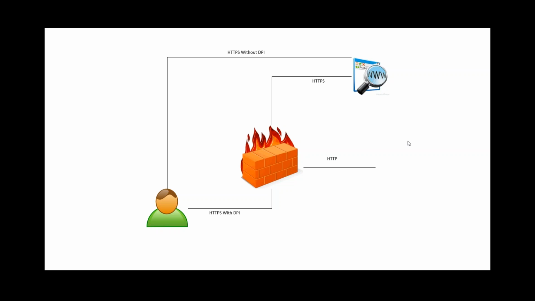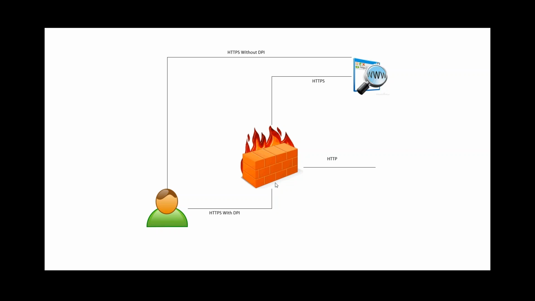With DPI enabled, however, we can then actually see what's happening. Now let me explain how this works. Without the DPI, we've got that one single tunnel. With DPI, we have two. So we create a tunnel from the browser's machine to the firewall, and again, that information there is encrypted.